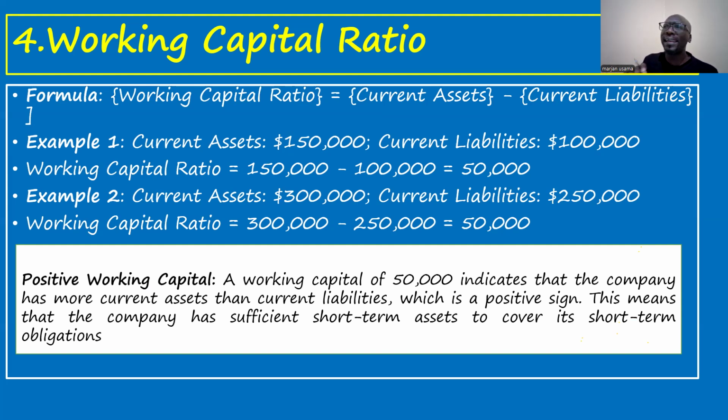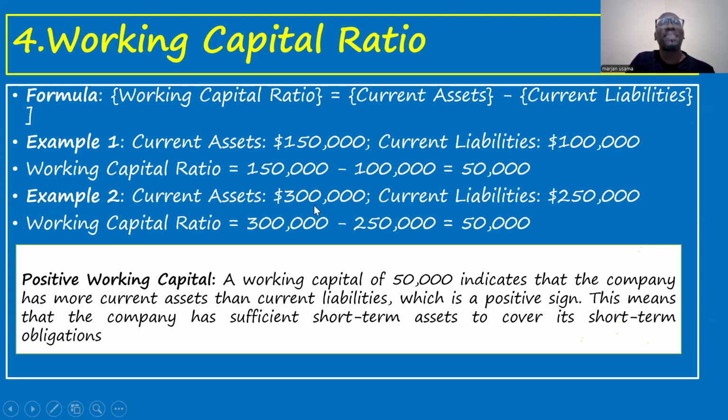But if you get a negative number, it means the liabilities are more than the asset, which is very dangerous. So in our first example, the current asset is 150,000, the liabilities is 100,000. So you just take 150,000 minus 100,000, you get 50,000. So it's a positive number, not bad.